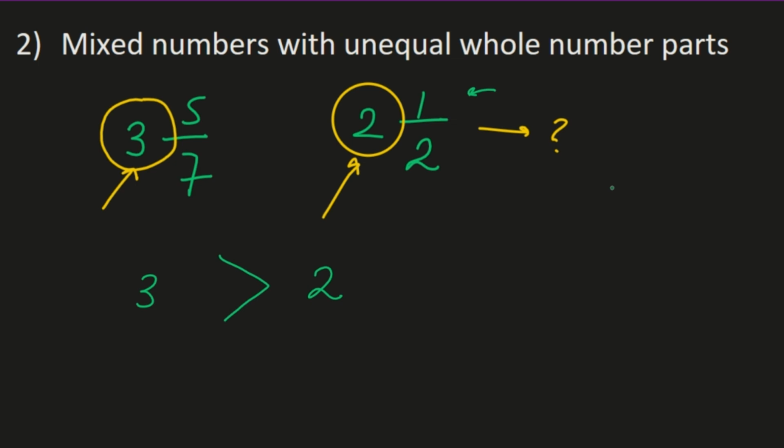So when it comes to mixed numbers as well, the biggest mixed number will be the mixed number with the largest whole number part. So the clear winner is this one, that is 3 and 5 upon 7 is greater than 2 and 1 upon 2.